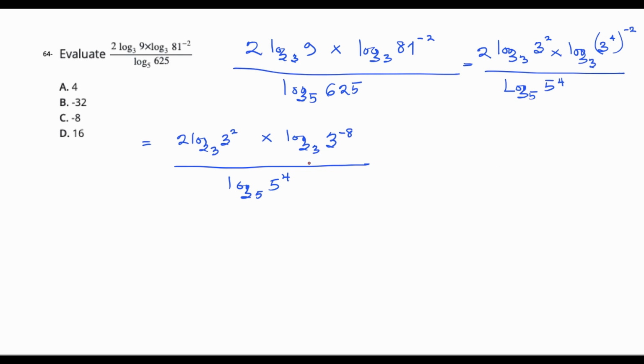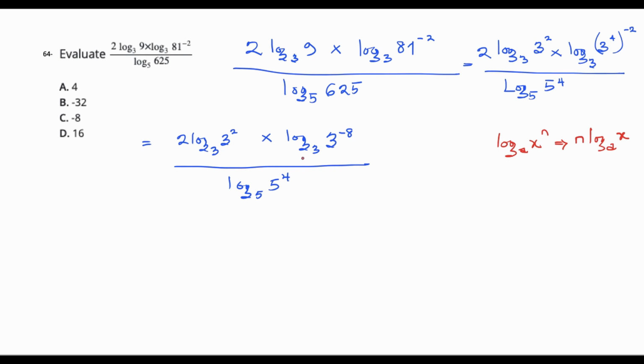Now the first one we need to know says that if we have log to the base a of x raised to power n, this is the same as bringing this power n to the front of our logarithm, and this is the same as n log to the base a of x.